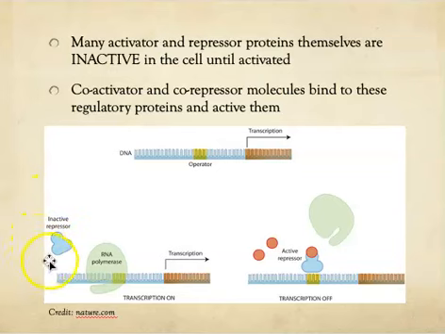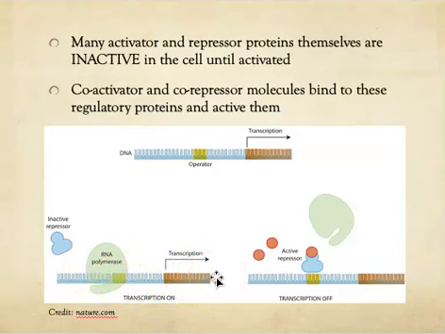But that repressor protein normally exists in the cell in an inactivated form. As long as it's inactive, the RNA polymerase enzyme can come in, it can bind to the promoter, which is up here somewhere, and it can start transcribing this gene.